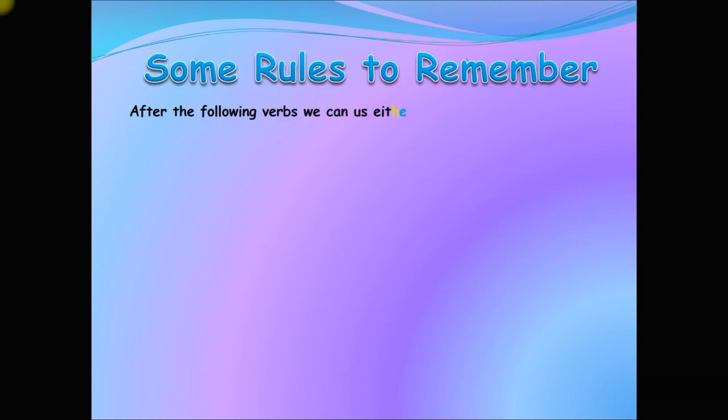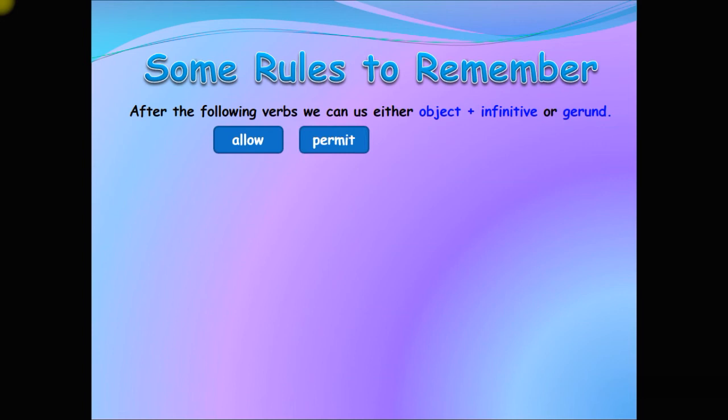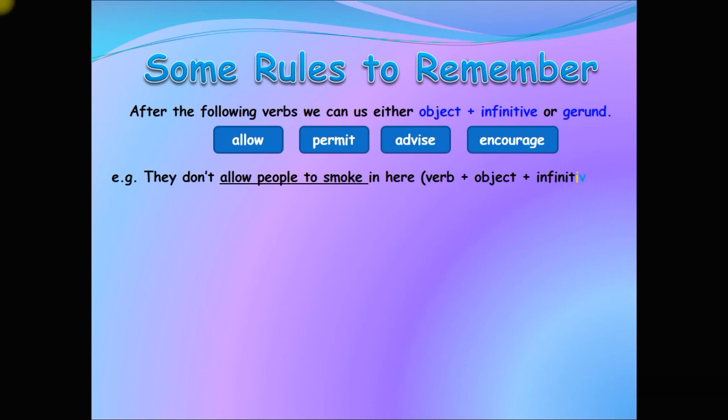And then after the following verbs, we can use either object plus infinitive or a gerund. For example, the verb allow. They don't allow people to smoke in here. So we use an object after allow. And we can also use allow plus gerund. They don't allow smoking in here.